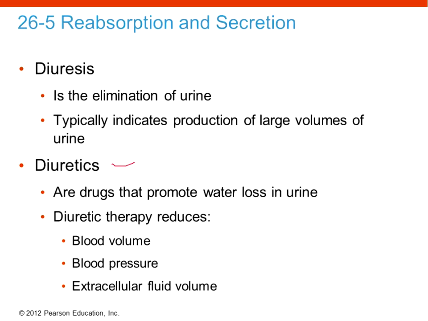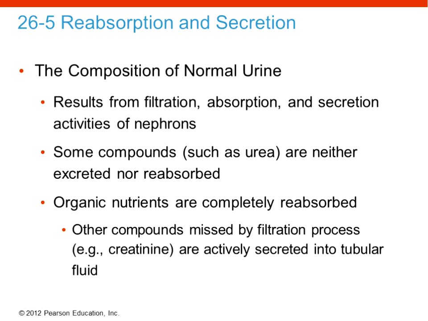Diuretics are drugs that may promote water loss in the urine, right? So diuretic therapy can reduce blood volume, blood pressure, right? These are all going to help with increasing loss of water.